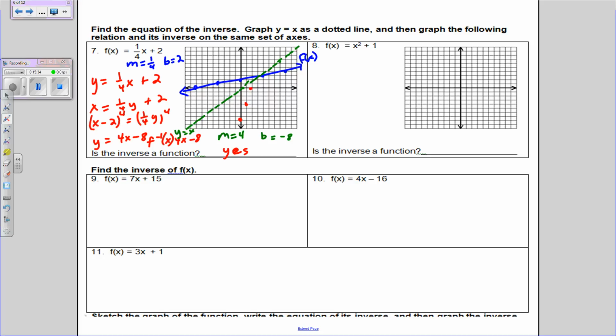And it ought to get them close to intersecting on y equals x. If you drew it close to right, mine seems a little off, but we'll see. It did pretty good. Just a little bit. And label that one f -1 of x.